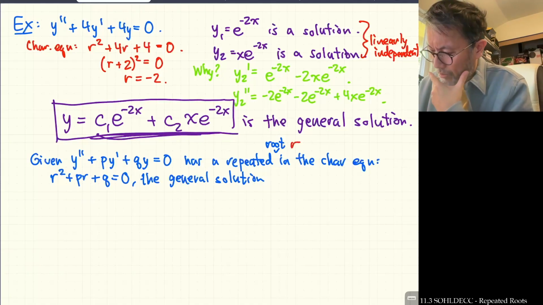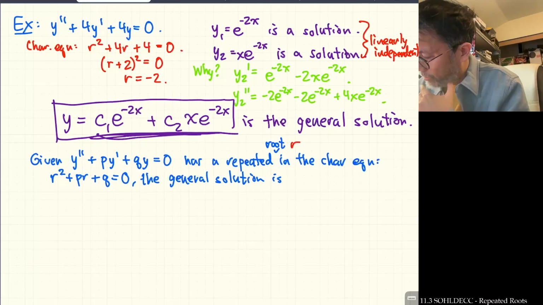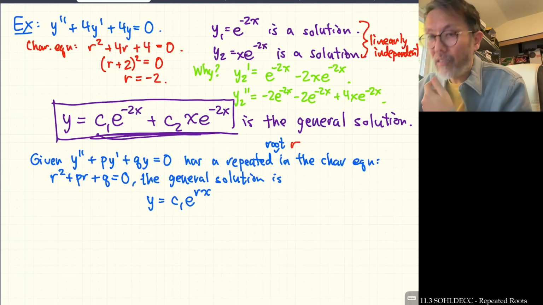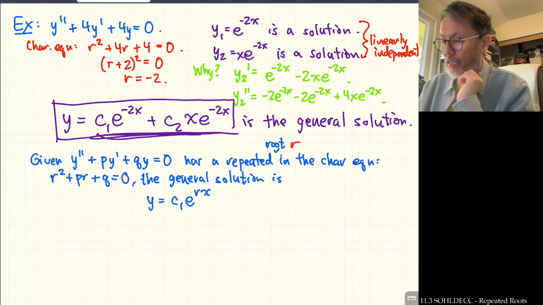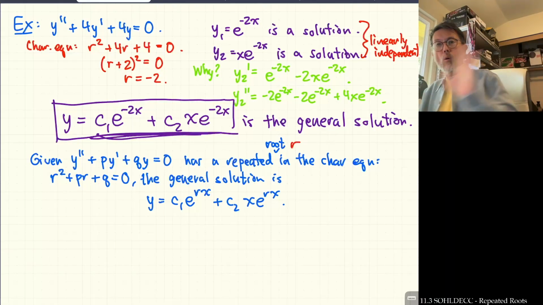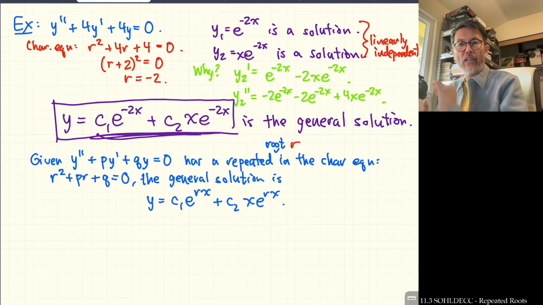Can I call it r, please? I don't know why I'm asking your permission. Then the general solution is y equals c1 times e to the rx, plus c2 times x e to the rx. Okay? This always works in this case, with this remedy of putting the x out front.